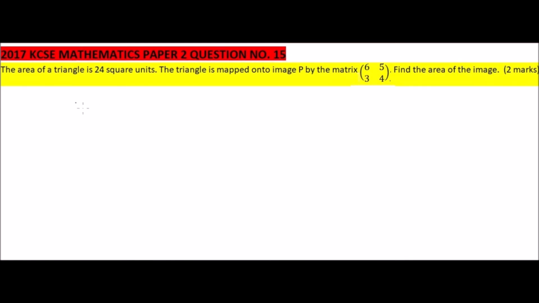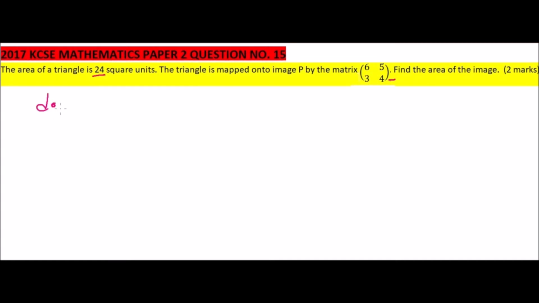Now, we are given the area of the object, and we have been given the matrix here. So what you need to know is that the determinant of this matrix is numerically equal to the area scale factor. So if we want to know the area scale factor, we should get the determinant of this matrix. And when the determinant is negative, you ignore the negative sign.